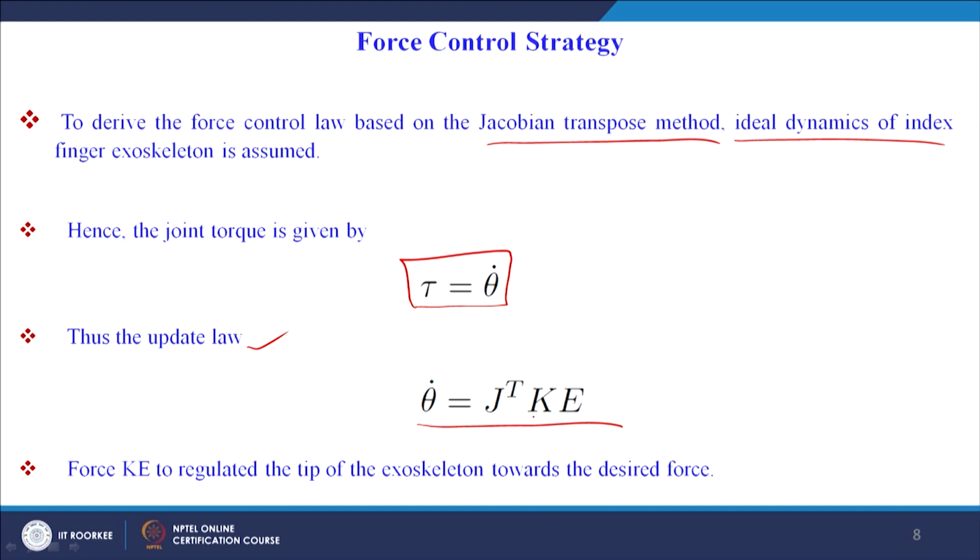Thus, the force given by the product of k with the error is used as a regulating force for the tip towards the desired force. The term k multiplied by e regulates the tip towards the desired force, with the idea of ideal dynamics of the exoskeleton, which leads to the joint torque being theta dot.